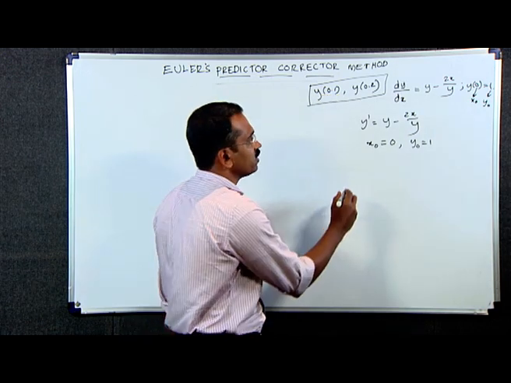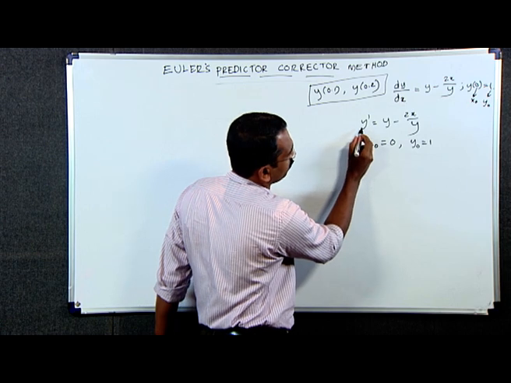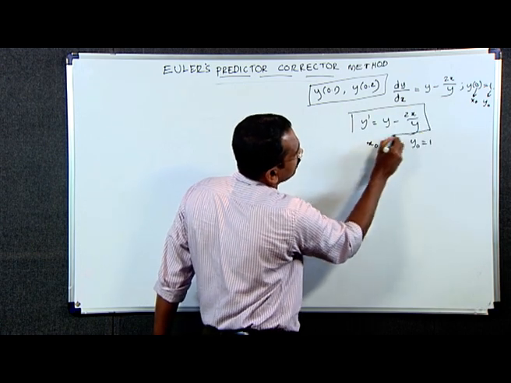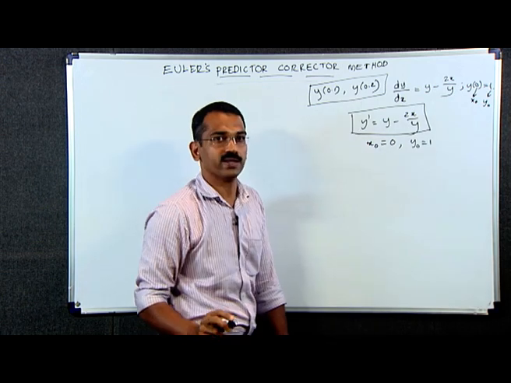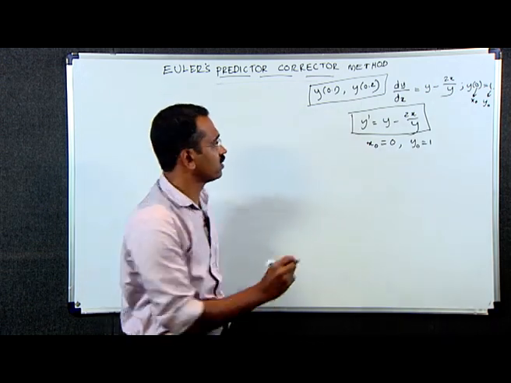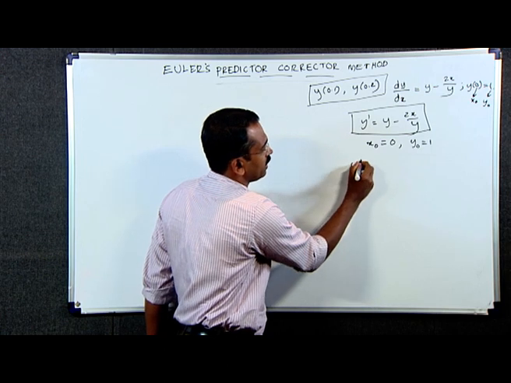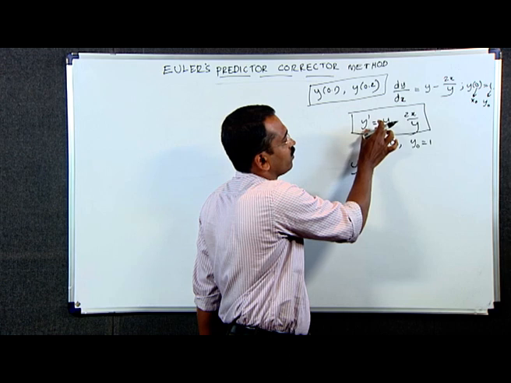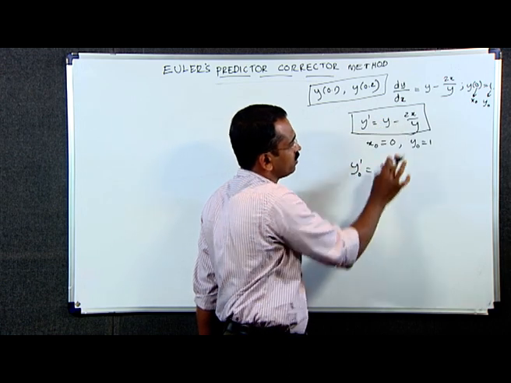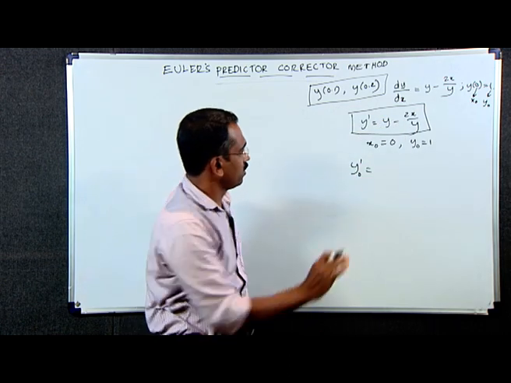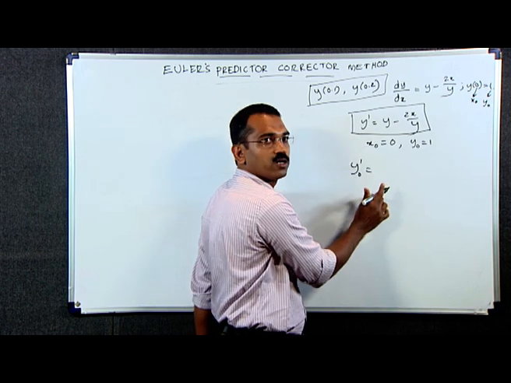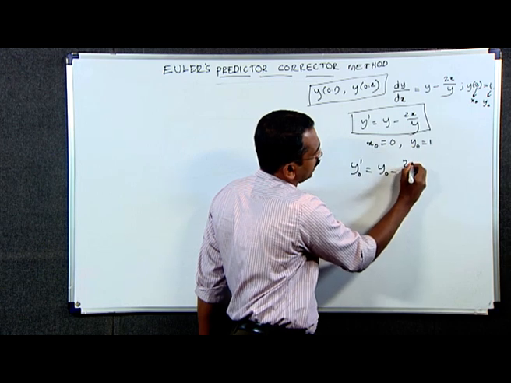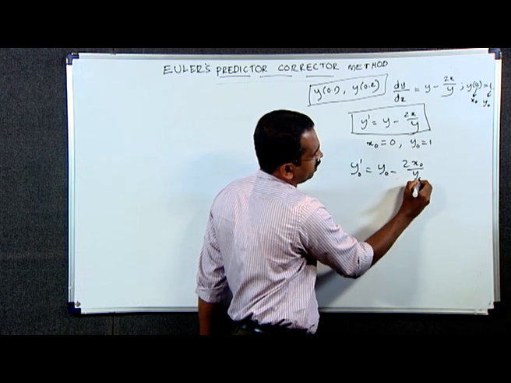Therefore, y naught dash, the derivative at x naught, y naught, is equal to y naught minus 2x naught divided by y naught.